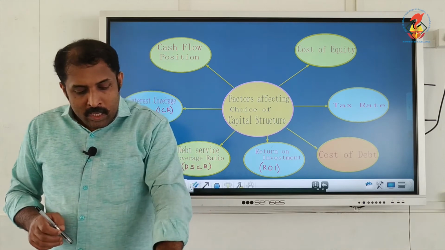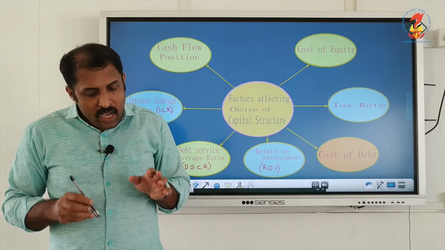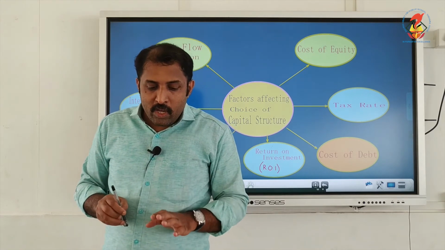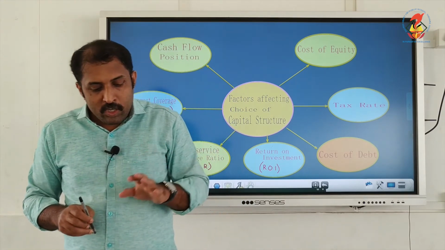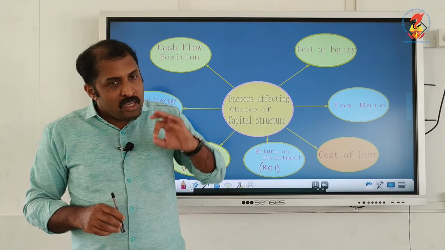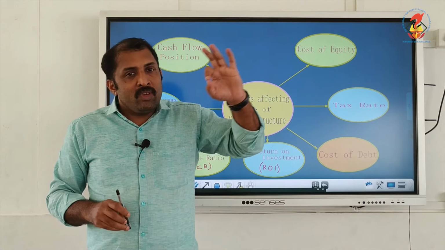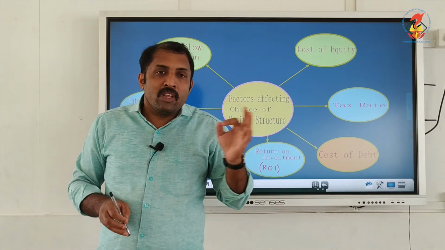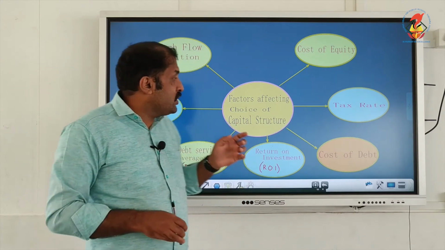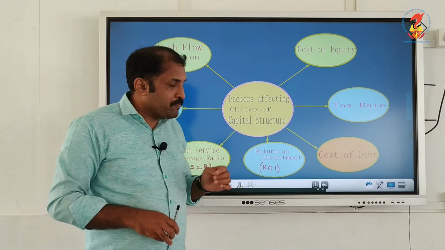So, if the ROI of a company is higher, it can choose to use trading on equity, and its ability to use debt is greater. That is another factor we are considering: whether we are getting a better return on the investment we have made.